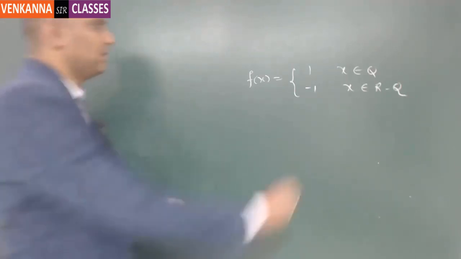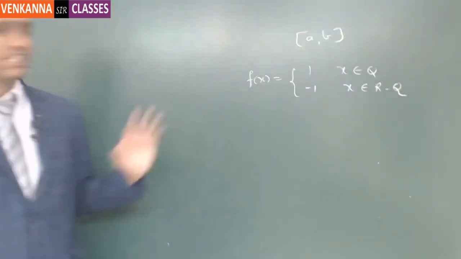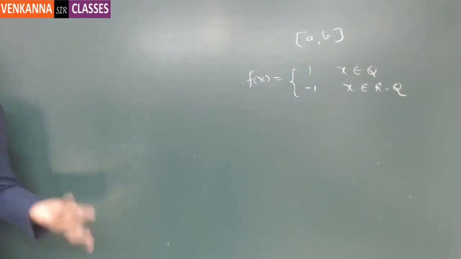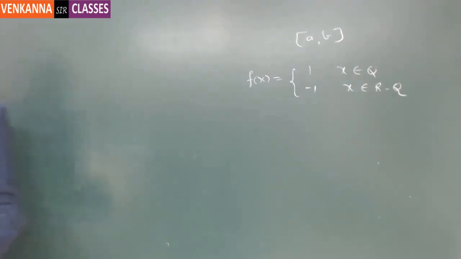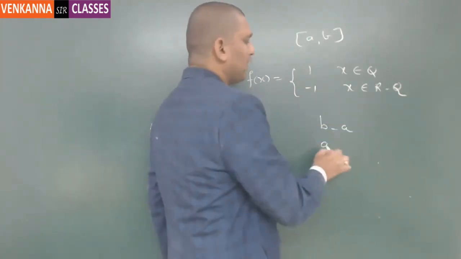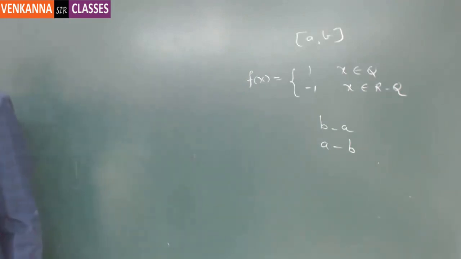On the closed interval AB, the function f of x is defined as 1 and minus 1. When x is rational, the value is 1, and when x is irrational, the value is minus 1. And it is not Riemann integrable, because one value you are going to get as b minus a, and the other value as a minus b. Since the values are unequal, it is not Riemann integrable.